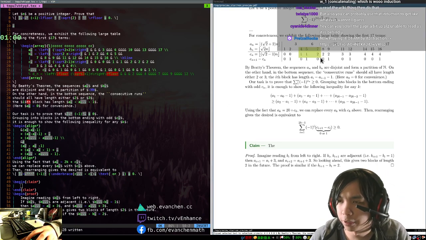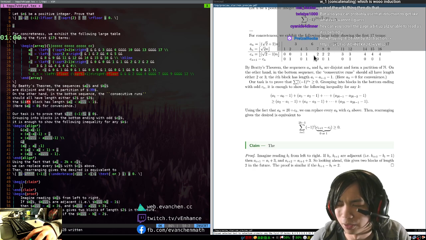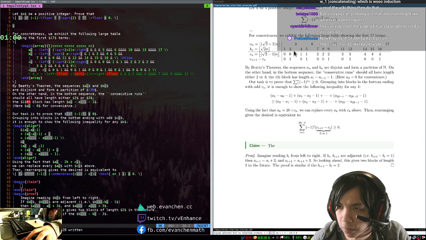So what we're pointing out is that if I have, for example, 4 and 5 here, then it will give a block of something later on. It's like 2, 3, 2, 3, 2, 2.